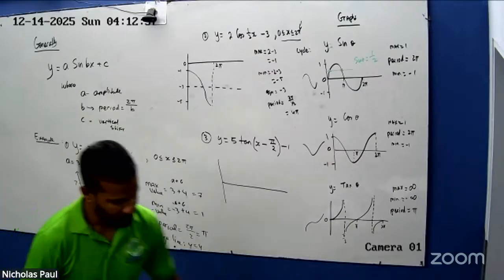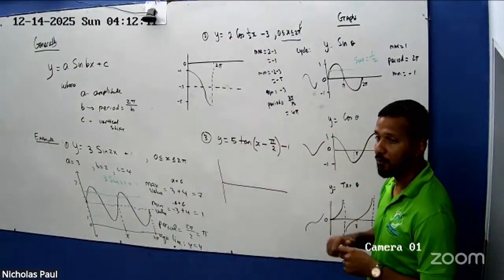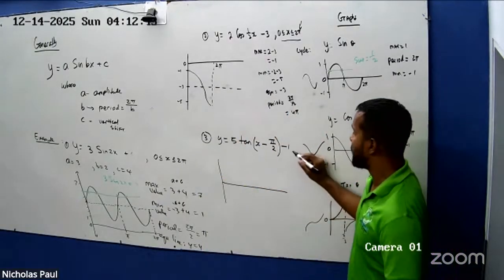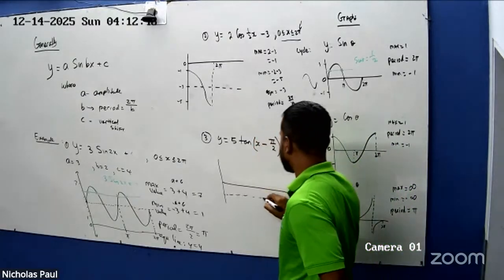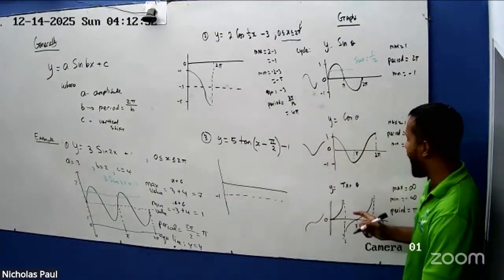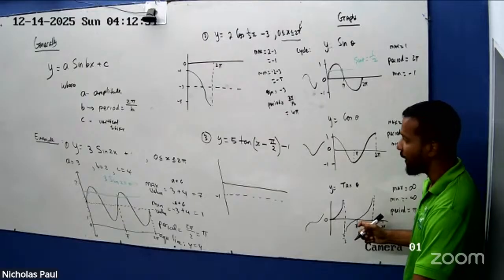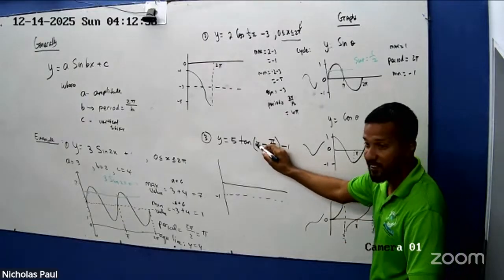Anyway, what's going on here with this graph? We're shifting the graph downwards 1. So our equilibrium line is -1. What are we doing with the graph here? Period staying the same because the value in front of x is 1.